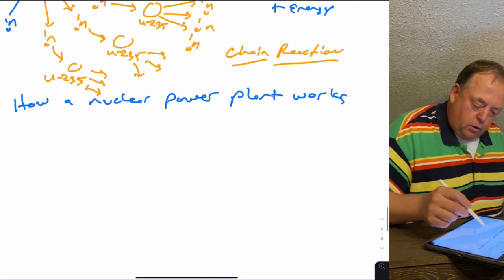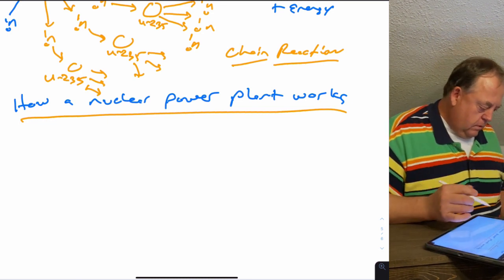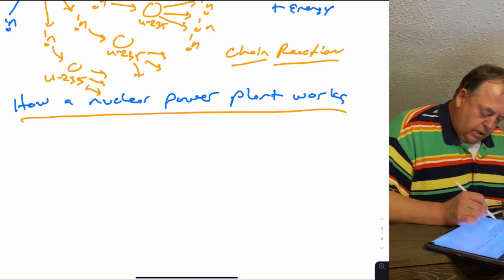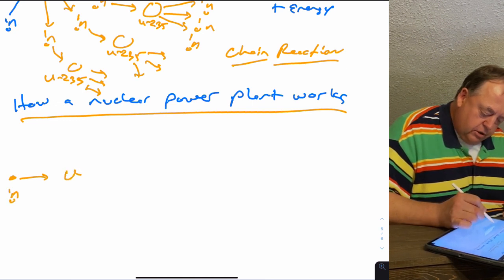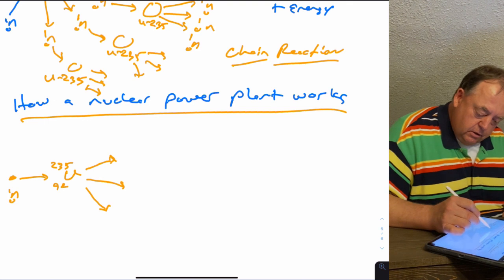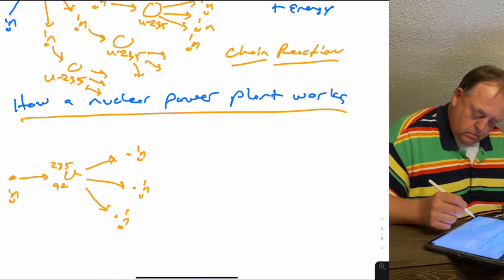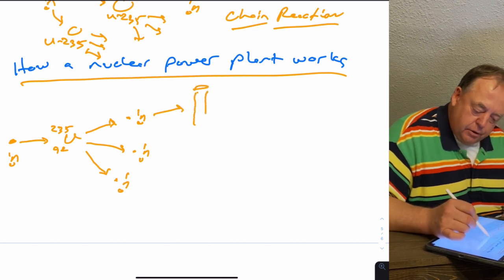So a nuclear power plant works on a similar principle. It's just controlled. So you have a neutron that comes in, hits a uranium-235, which then gives off 3 other neutrons, just like in a nuclear weapon. But you have what are known as control rods set up in the nuclear power plant.